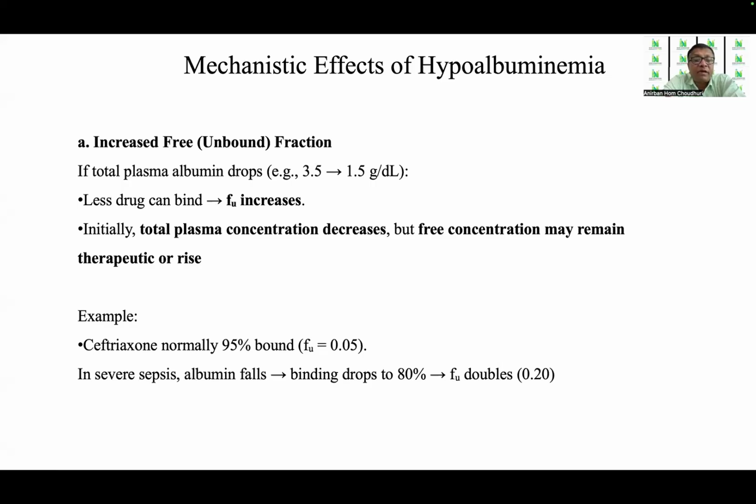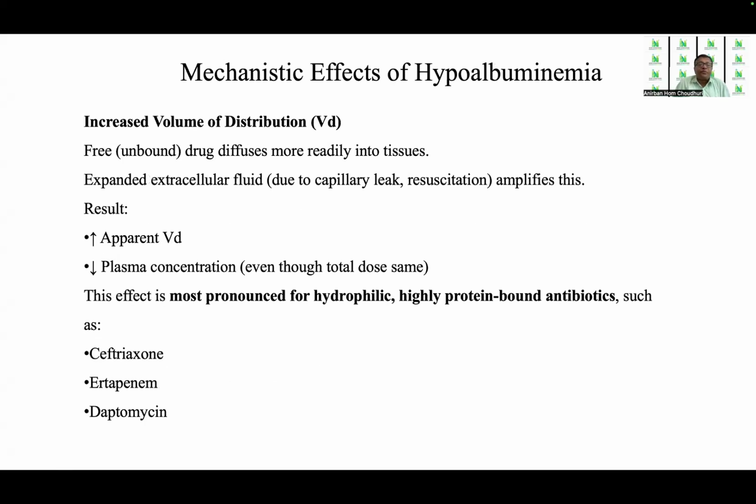Initially, the total plasma concentration decreases, but free concentration may remain therapeutic or may even rise. For example, ceftriaxone is normally 95% bound, so the unbound fraction is only 0.05. In severe sepsis, the binding drops to 80%. So the unbound fraction increases almost 4 times, from 0.05 to 0.2.